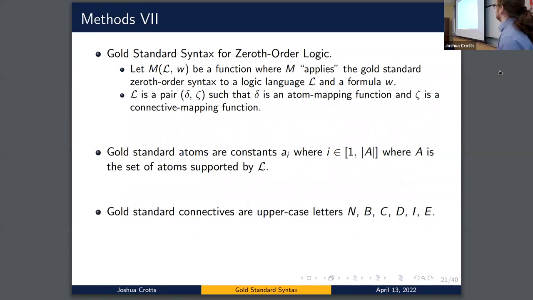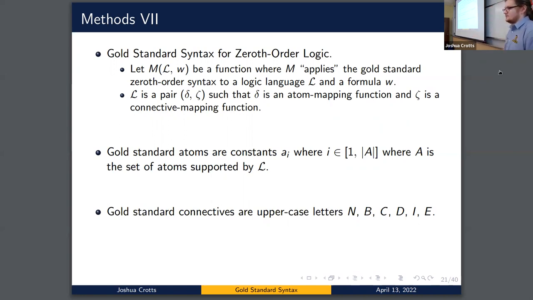So we'll just put it all up there at once. This is a little bit esoteric notation, that's fine though. The idea here is we want to create a function that will take in one logic language, and this is just for 0th order logic, so propositional logic.